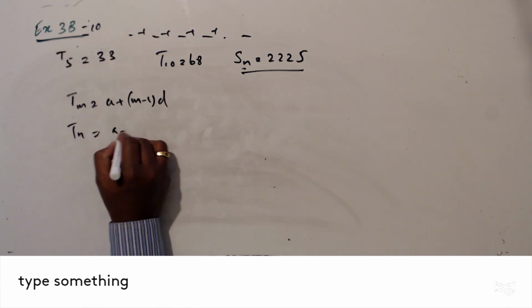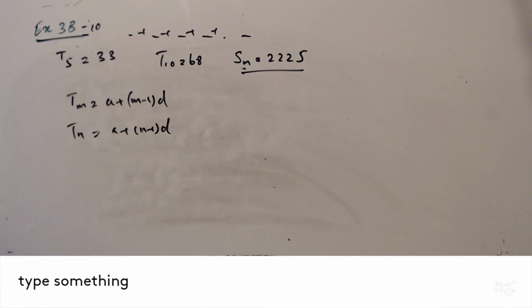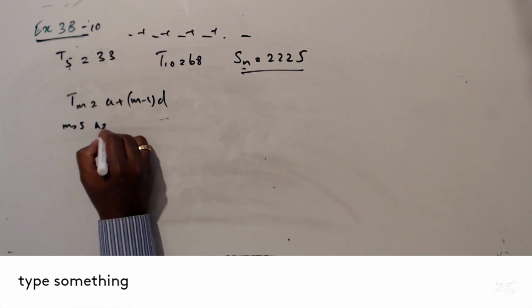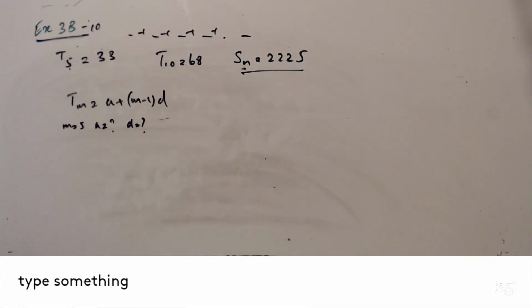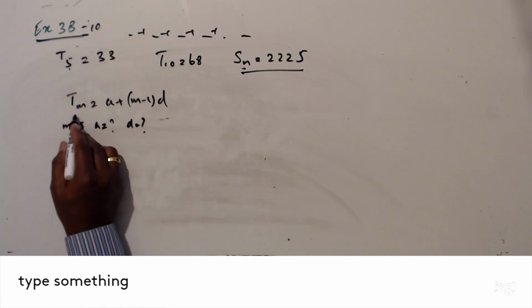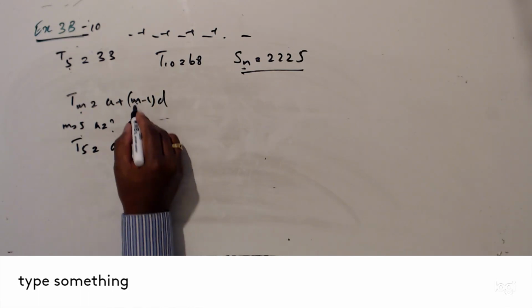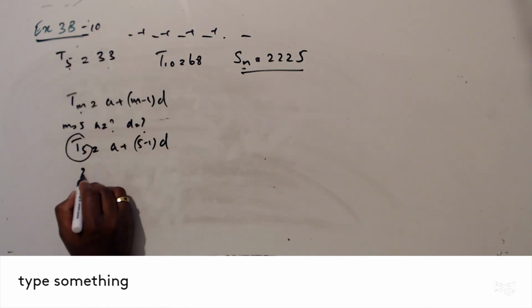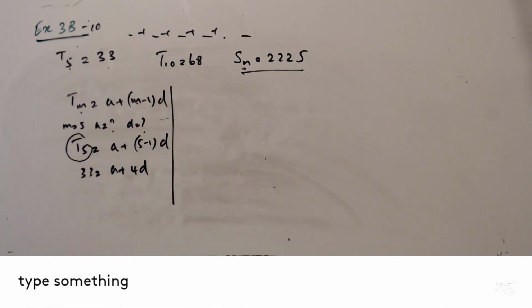Usually we write Tn equals a plus n minus 1 d, but because of this n, I changed it. Now the m value is 5, a we don't know, d we don't know, we leave them as they are. Substituting: T5, which we know is 33, equals a plus 5 minus 1, that is 4d. So we have one equation now.